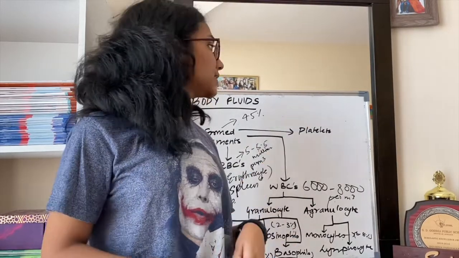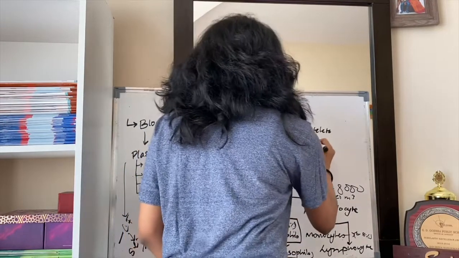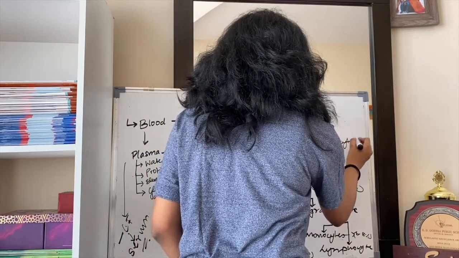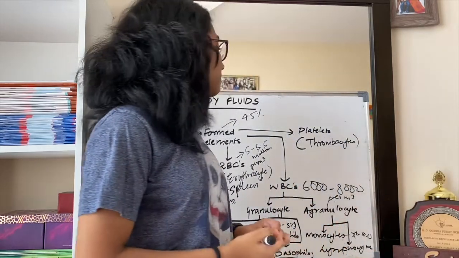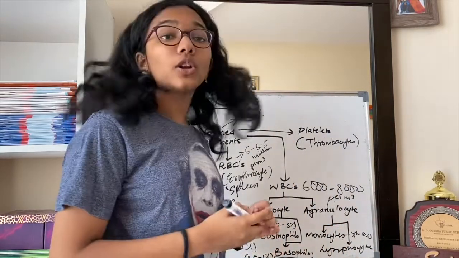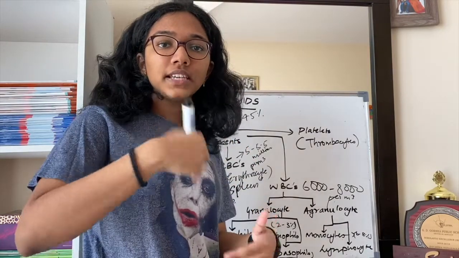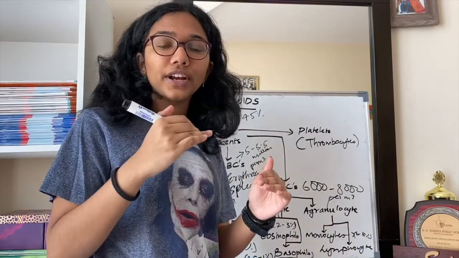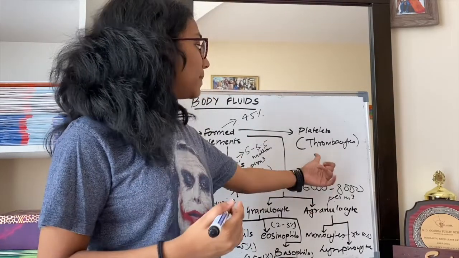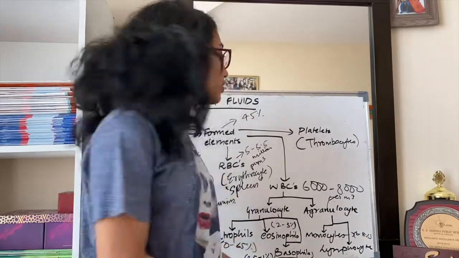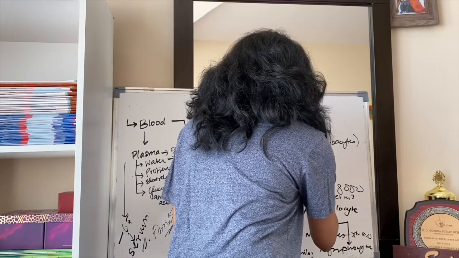Let's come to platelets. Platelets are also known as thrombocytes. Yeah, so platelets are involved in clotting of blood. You know that when you get a cut, the blood doesn't keep flowing. It gets clotted at a point, and this is facilitated by platelets, and they're produced from special cells in our bone marrow known as megakaryocytes.